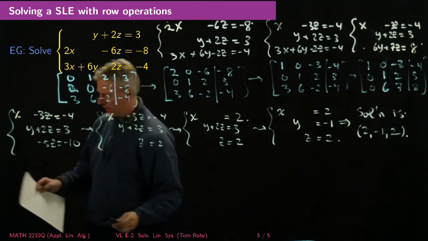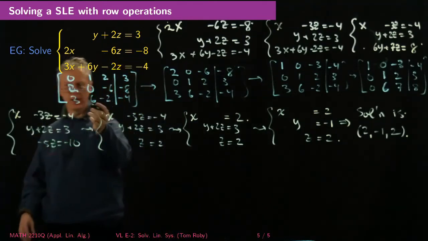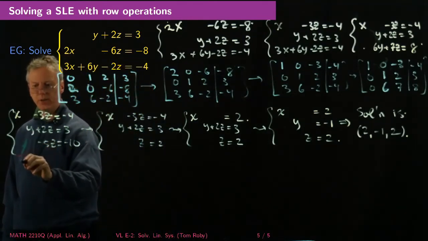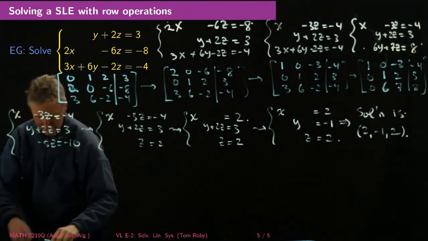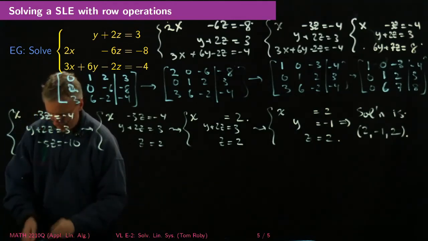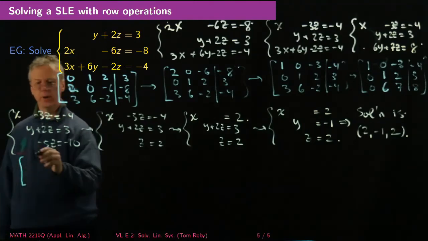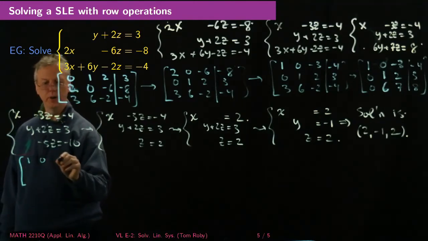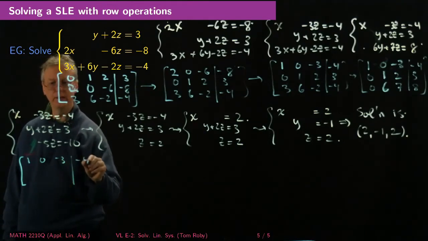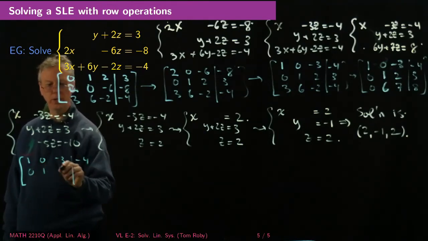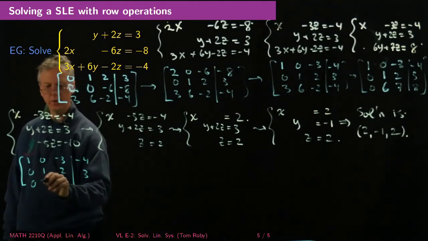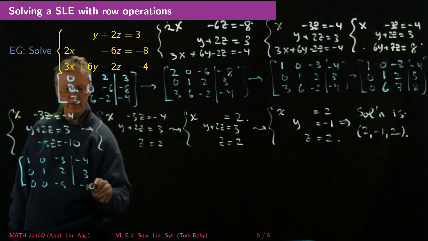Now next, let's remember that each of these things could have been done at the matrix level. Let me just write down the corresponding matrices so that you can see what it looks like. Right, so this would be 1, 0, negative 3, negative 4, 0, 1, 2, 3, 0, 0, negative 5, negative 10.